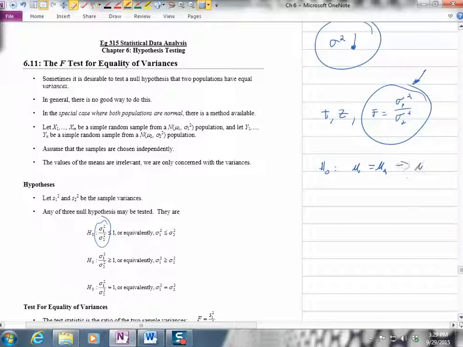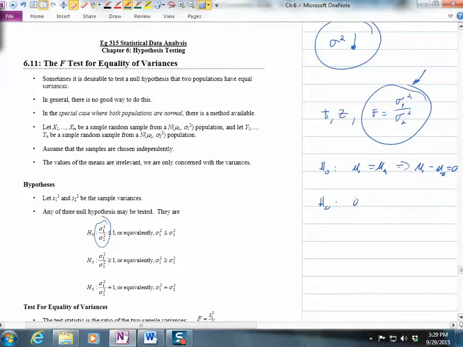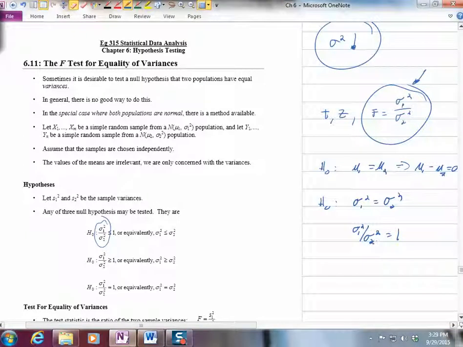We switched that to mu1 minus mu2 equals 0. So when we do this as our null hypothesis, we are going to get them in terms of a ratio. Not a whole lot of fancy math happening there.